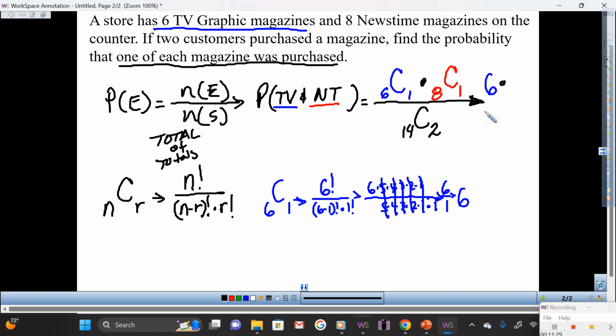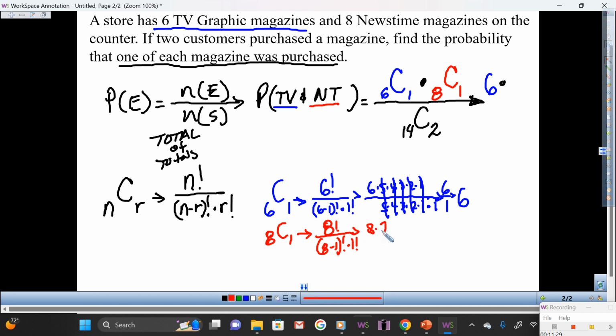times 8 combination with 1, so we got 8 factorial over 8 minus 1 factorial times 1 factorial.